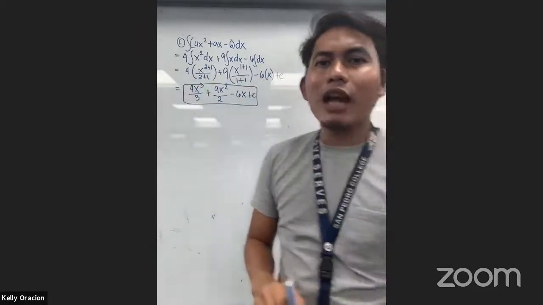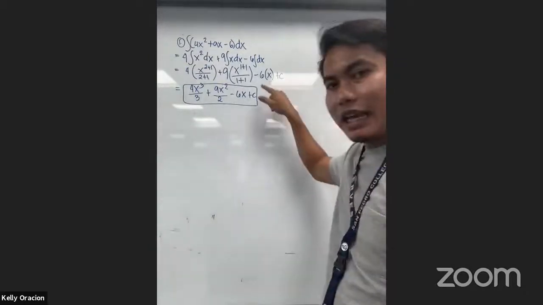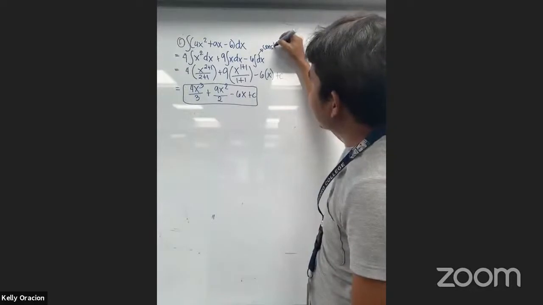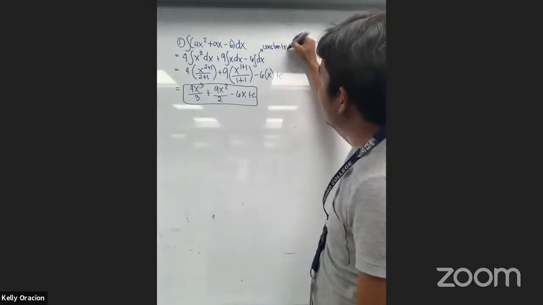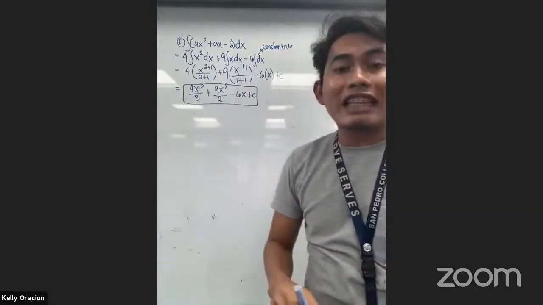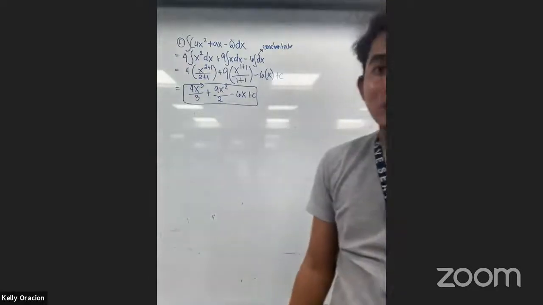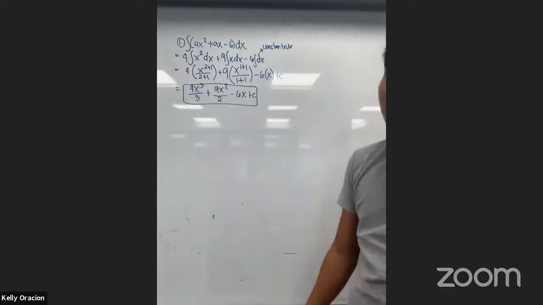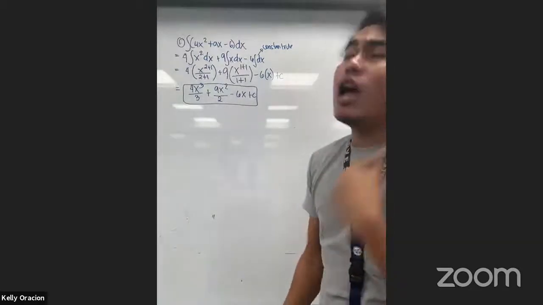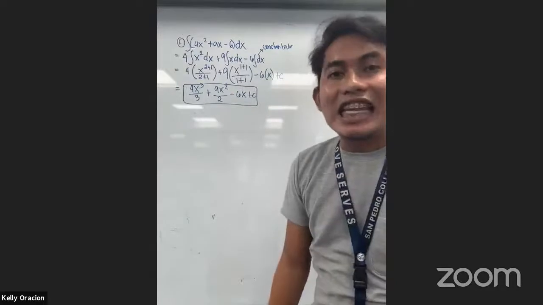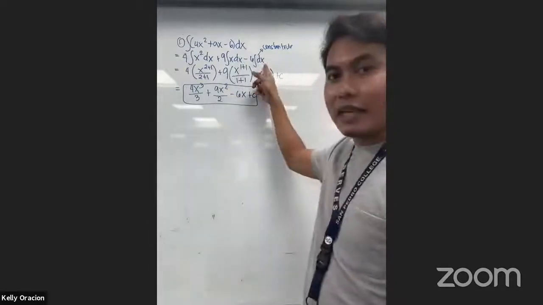Sir, I have a question. Why is it x? Okay, take note, this is the constant rule in integration, one of the basic integrations. Why x? Of course, the variable of integration is dx.